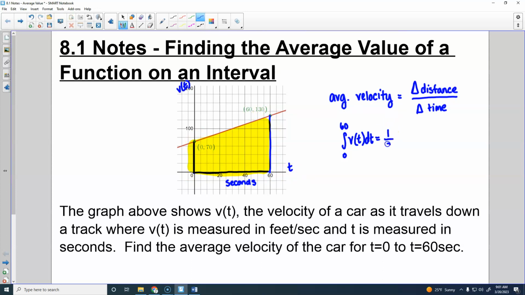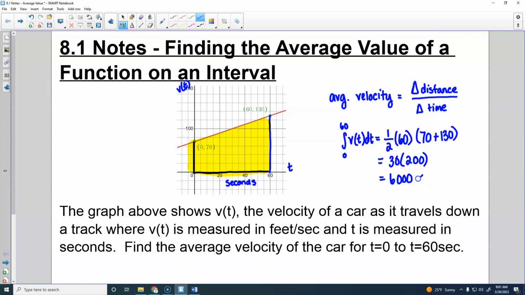So it'd be 1/2 times 60 times the height of this shorter side right here, which is 70, and the height of the longer side is 130. So that's going to be 30 times 200, and that is going to give us 6,000. Is that right? Putting the right number of zeros there? I think so.